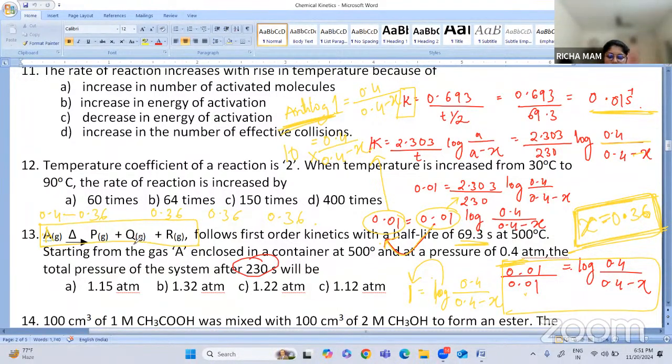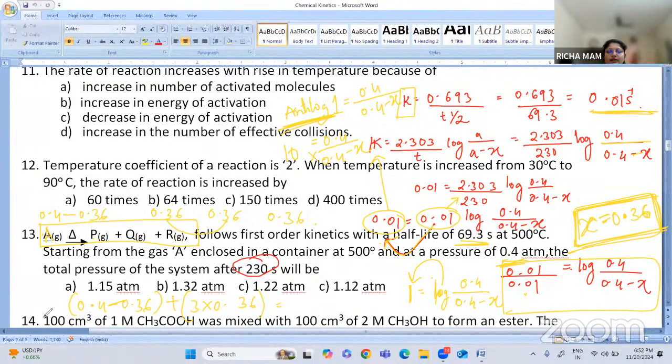Now subtract 0.4 minus 0.36 plus 3 times this. So what I'm getting is 0.4 minus 0.36, because the pressure you are applying is 0.4. After heating, the pressure of A is 0.36. Plus, the products are 3, and for every product the pressure is 0.36, so 3 into 0.36.